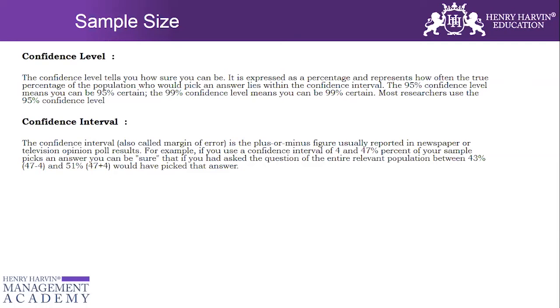So the confidence interval is a margin of error. How much margin of error I can live with depends upon me, in order to draw a conclusion. So that's what a confidence level is, and the confidence interval plays an important role.